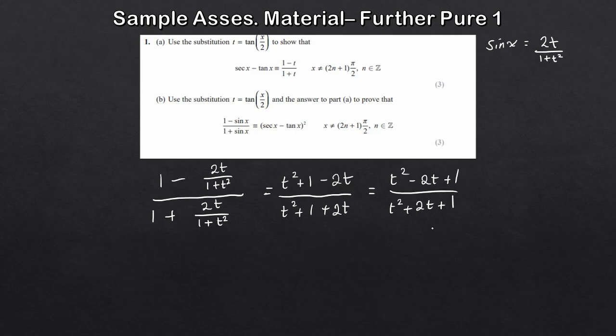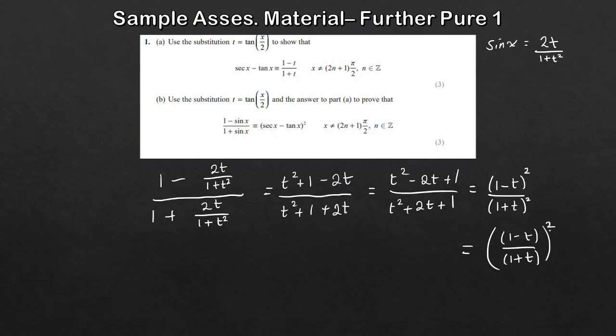At this stage, hopefully it's clear to see what these two factorise as. My numerator, that's just what we had previously, that's 1 minus t all squared. The denominator is 1 plus t all squared. So we could write this as 1 minus t divided by 1 plus t, all squared.